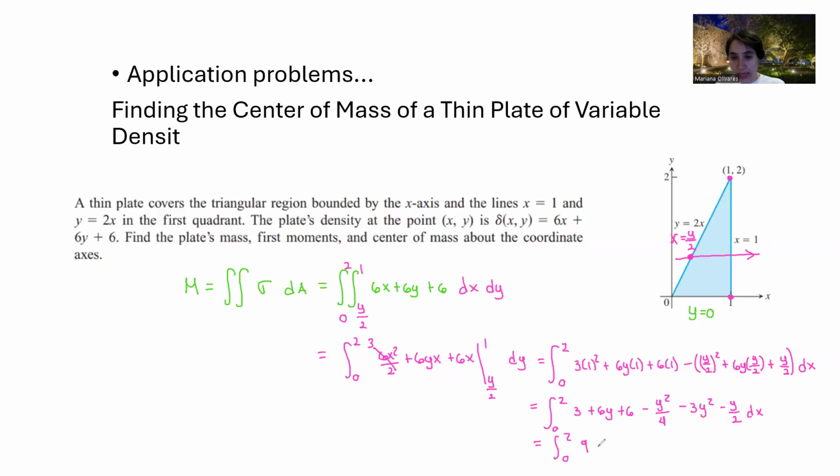Minus 1 is 11 halves of y. And these two are going to give us 3 in fourths. It's going to be minus 12 fourths. Minus 1 is minus 13 fourths of y squared. So you need to solve this integral to get the final result. Okay? Let me fix it here.